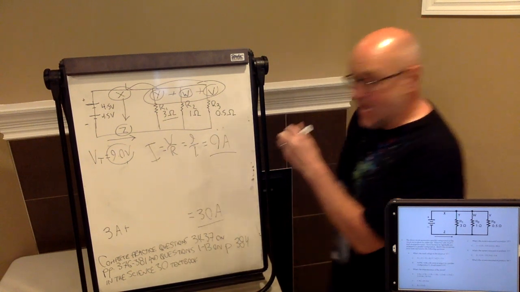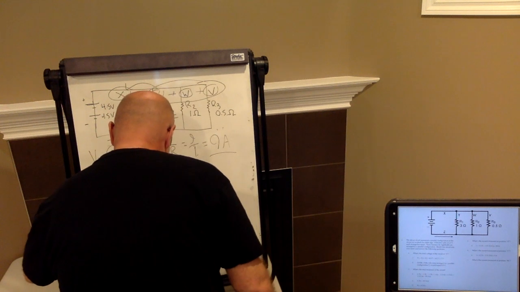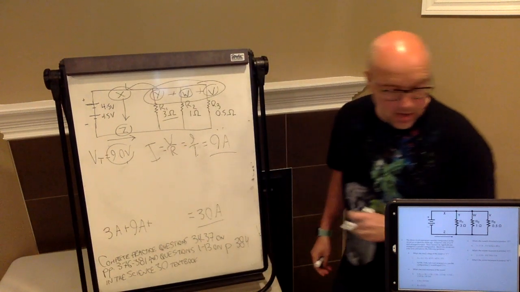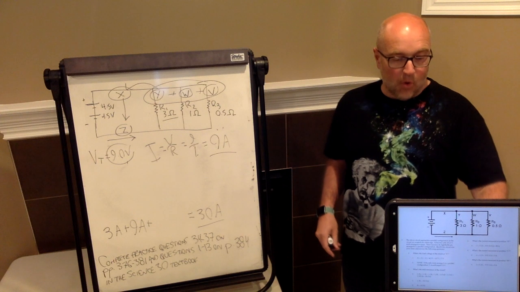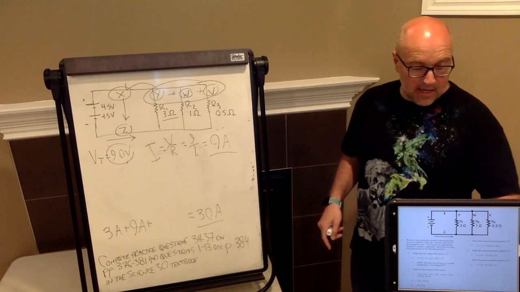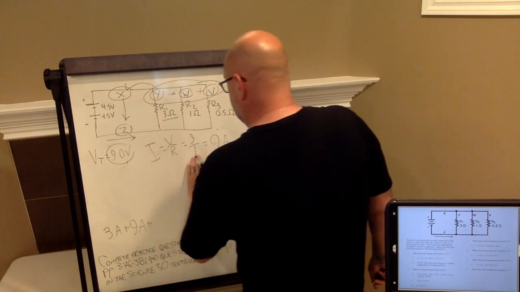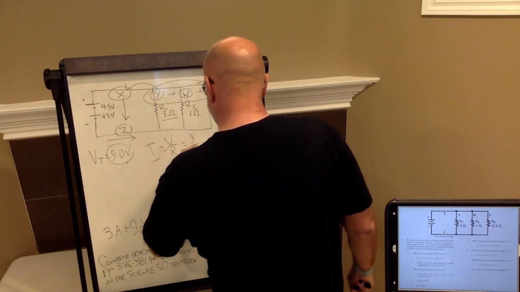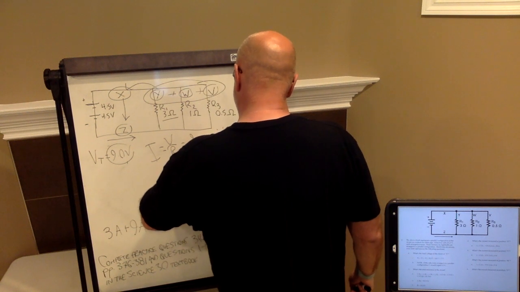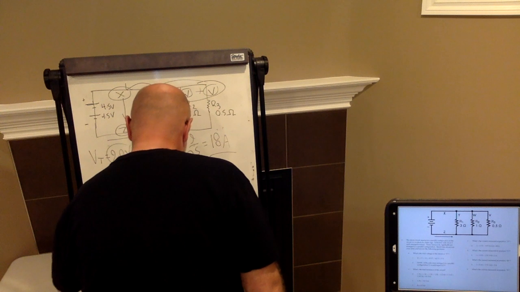That's going to give me 9 amps. Okay, so I got 3 plus 9. That's beautiful. And then one more, let's do position V. I'm going to take 9 divided by half an ohm. That's going to give me 18 amps.